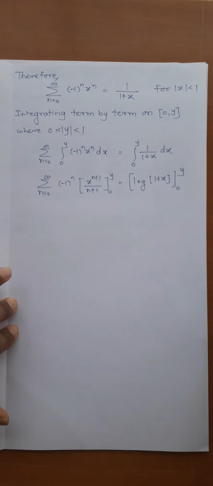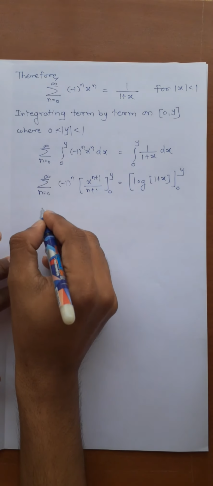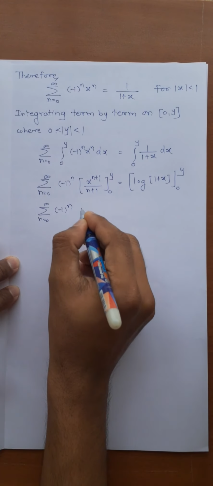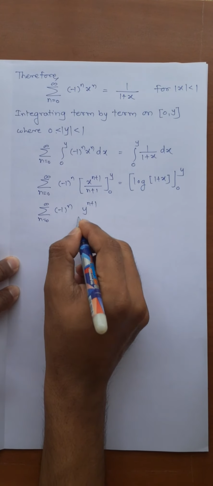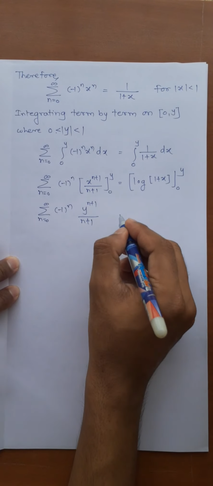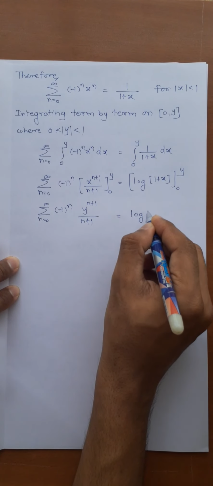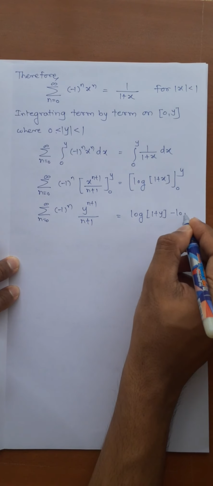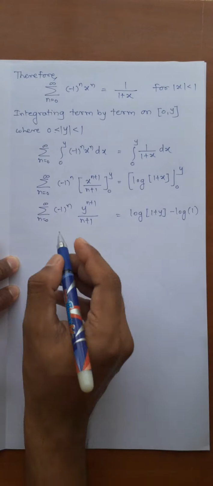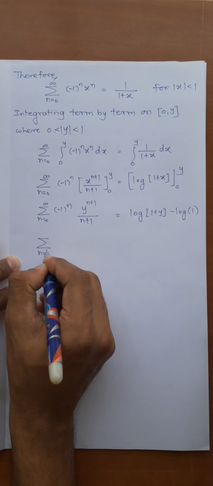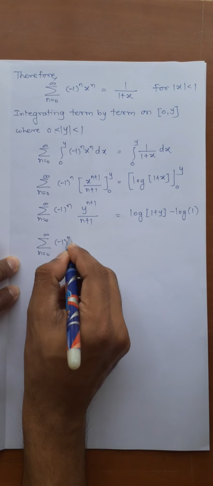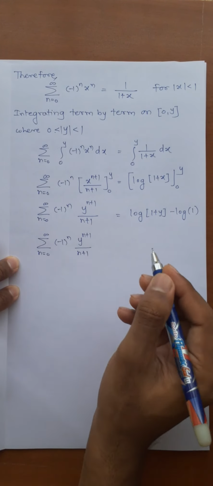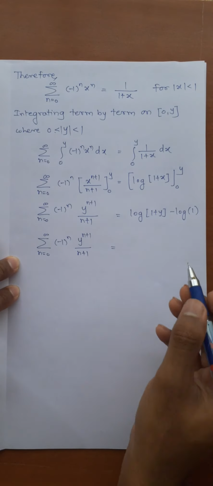Now I will put the upper limit and lower limit. What will I get? (-1)^n, if I put y here, y^(n+1)/(n+1). If I put 0, you will have 0. Log(1+y) minus log of 1, if I put 0. So summation n from 0 to infinity (-1)^n y^(n+1)/(n+1) is equal to, what is the value of log 1?